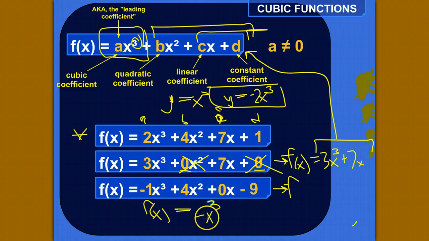So you can imagine if someone asks you what's the cubic coefficient, it's actually negative 1. You don't have to write that. Negative 1 times x cubed is negative x cubed, if you want to look at it that way. Plus 4x squared, and then plus 0x, that's just nothing. And minus 9, something like that.